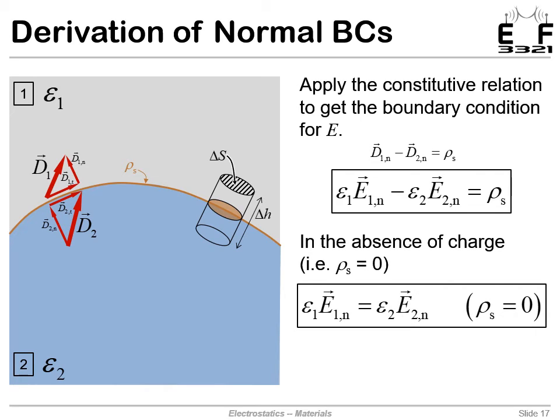Now when surface charge is 0, which is most of the time when we're analyzing things, we see that the product of the permittivity times the normal component of the electric field is continuous across the interface. The product is continuous. So the normal component of the electric field E is not continuous across the interface, but the product of permittivity times the normal component of E is continuous across the interface.